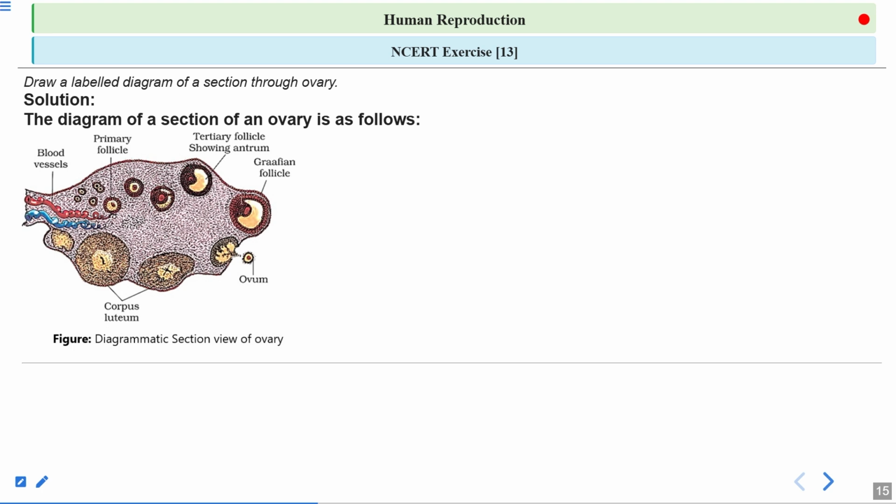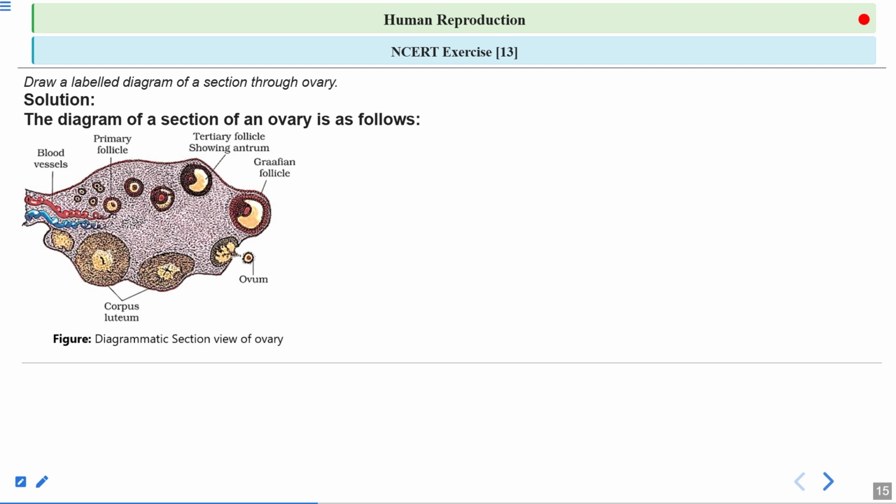In the ovary, you can see the follicles. You can see the follicle development here in the ovaries.